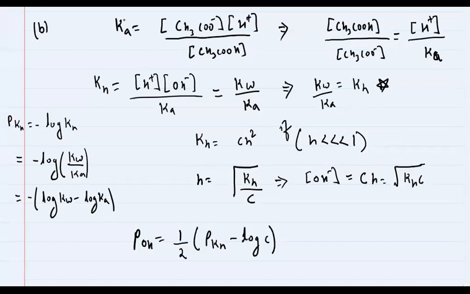Okay, so we put the minus inside, so we will get minus log Kw minus log Ka. Now what is minus log Kw? Minus log Kw is pKw and minus log Ka is pKa. So pKh is equal to pKw minus pKa. Yes or no?